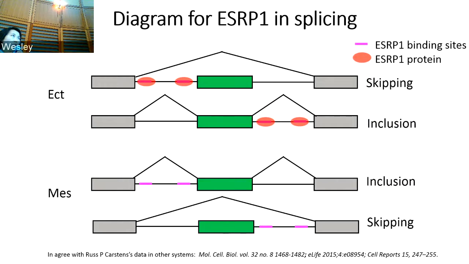When ESRP1 binds downstream of this exon, this exon tends to be included. However, in the mesenchyme there's no ESRP1 here, so this exon is included. And when there's a binding site downstream but no ESRP1, it goes the other way: ESRP1 is required to include it, but there's no ESRP1, so this one is skipped.